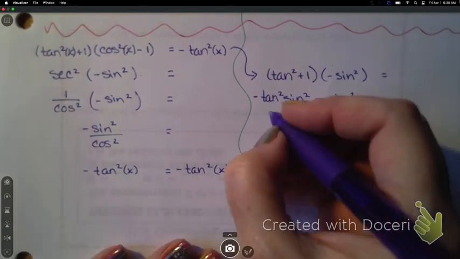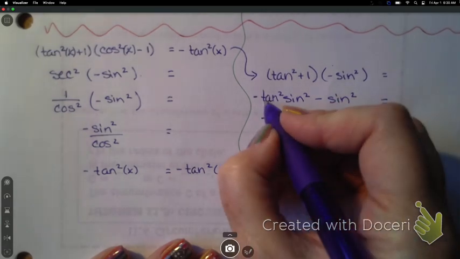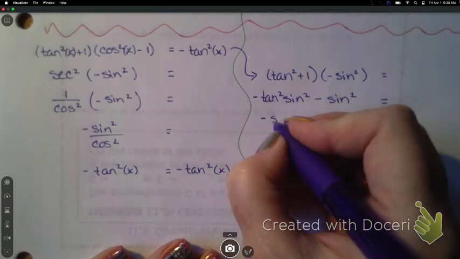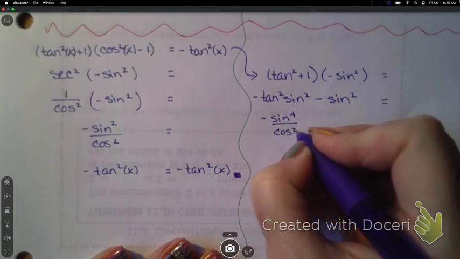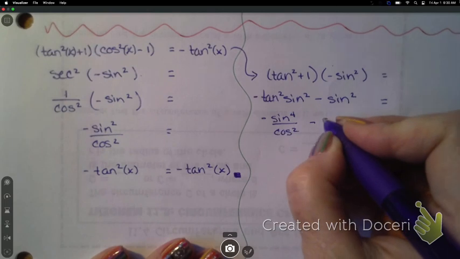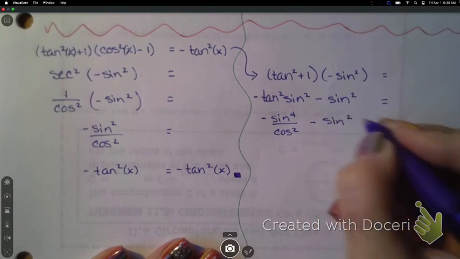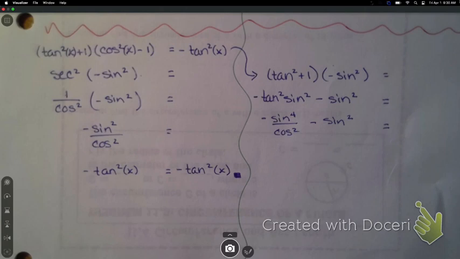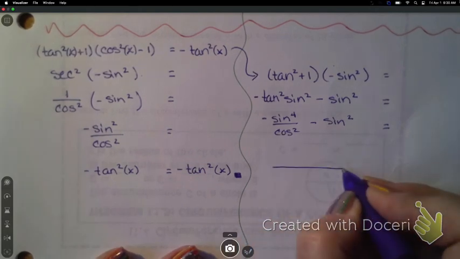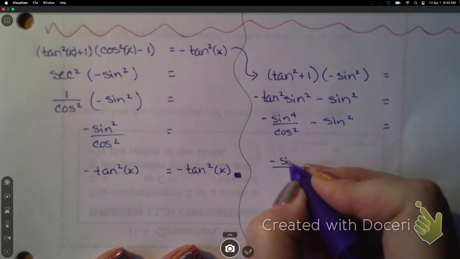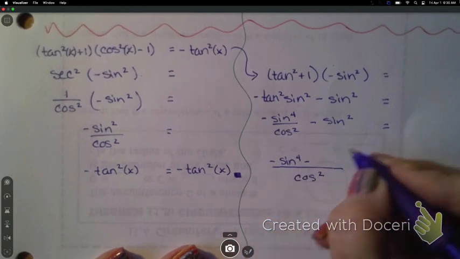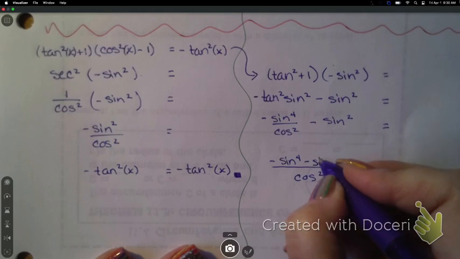So this would be sine squared over cosine squared, so that'd be sine to the 4th over cosine squared minus sine squared. Now I probably have to get a common denominator. So the common denominator is going to be cosine squared. So negative sine to the 4th minus sine squared times cosine squared.